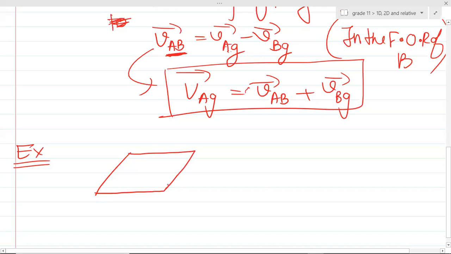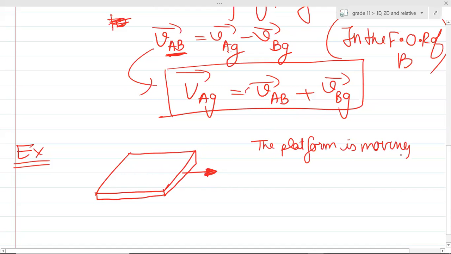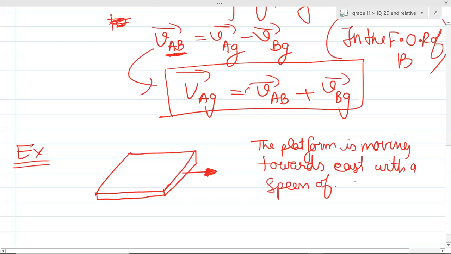Suppose, guys, this is a platform. Can you see a platform? Now, there is this platform. Let's say this platform is moving towards east with a speed of 4 meter per second.